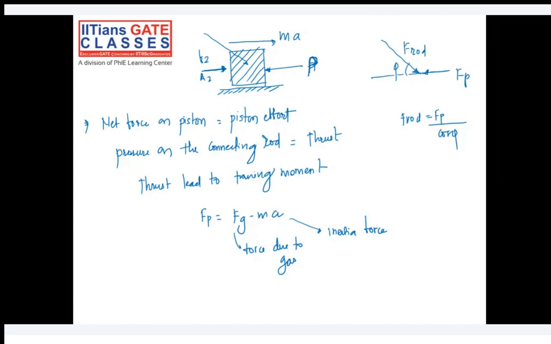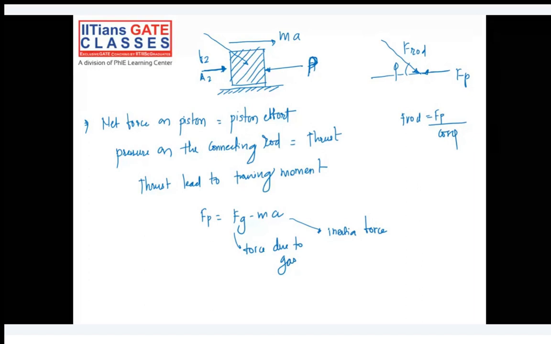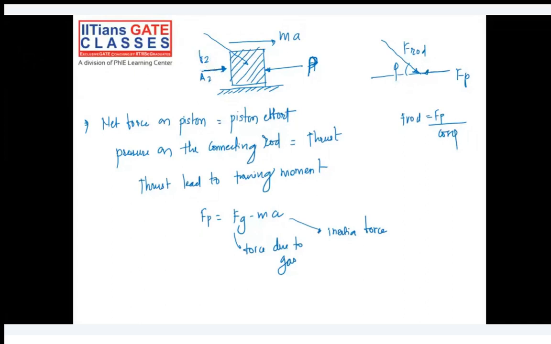So the reaction force to that will be F2 times A2, okay, which is exerted by the piston. And the piston is connected by a connecting rod. So if I draw a free body diagram, something like this, okay.